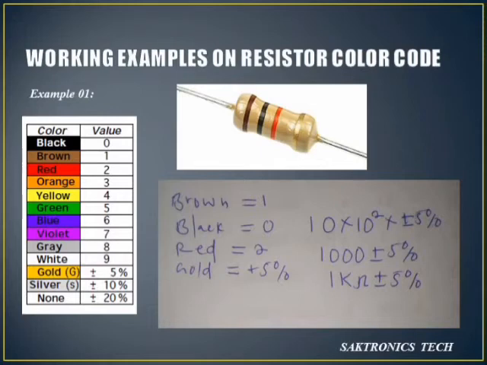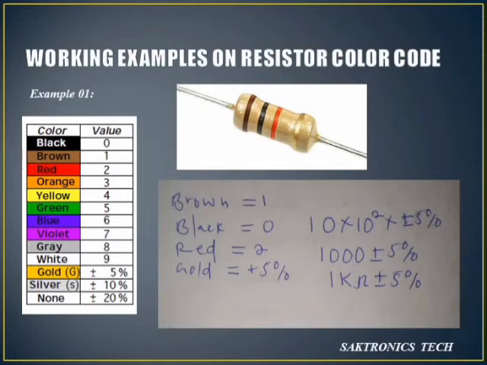So 10 times 100 gives us 1000, plus or minus 5%. And this 1000 can be abbreviated as K, because kilo represents 1000. So that's how we write 1 kilo ohm plus or minus 5%, because our resistor can be increased or reduced by plus or minus 5%.